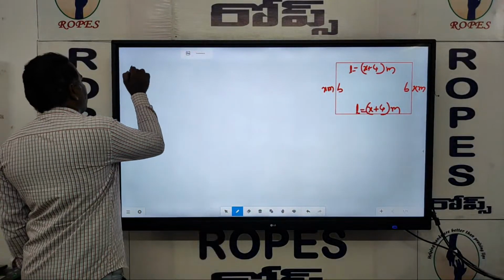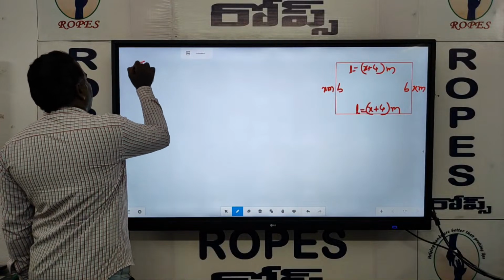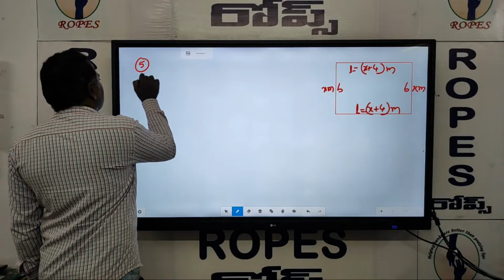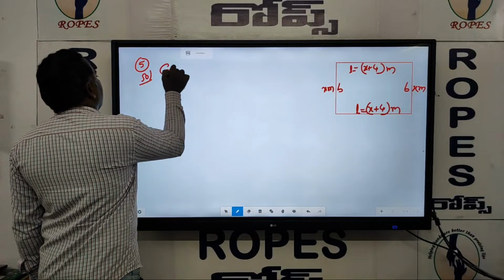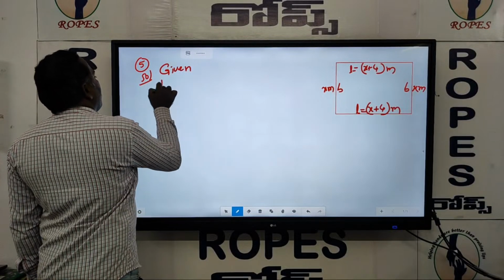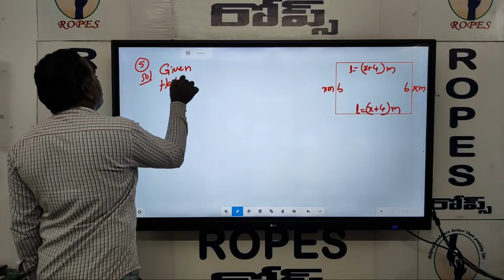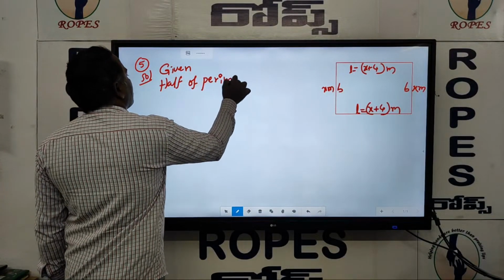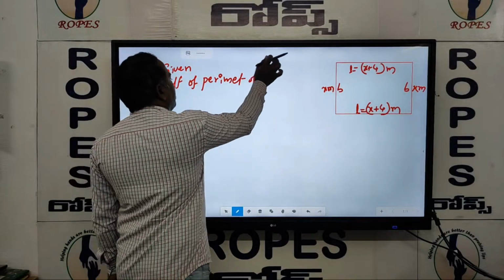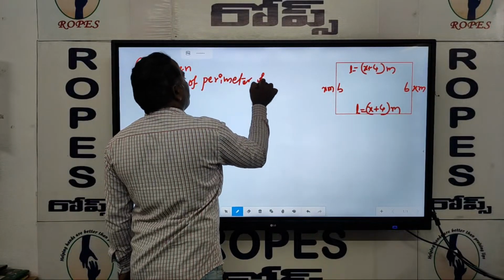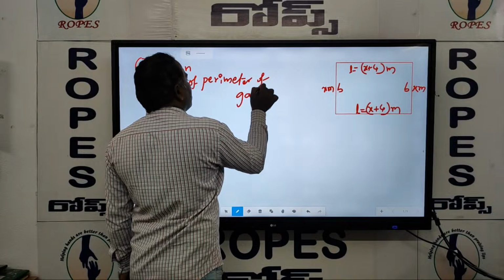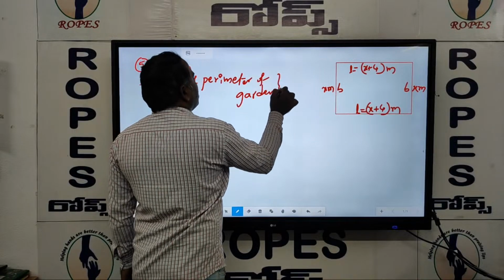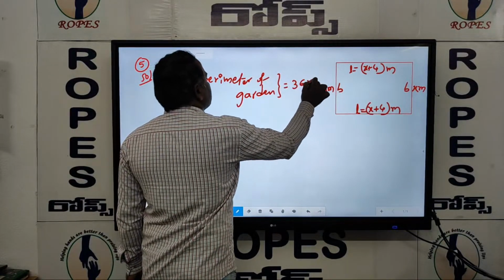So, question number 5. Now here see, first we should write the given. Given: half of the perimeter of the garden is equal to 36 meters.